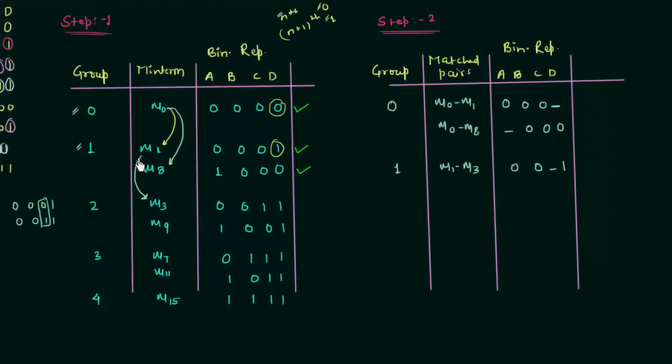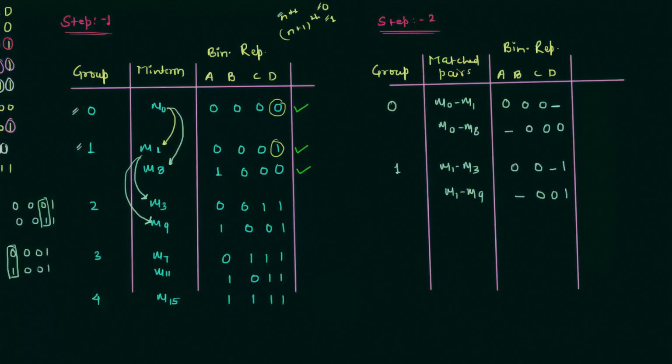I will compare M1 with M9, and let's see what we have. 0, 0, 0, 1, 1, 0, 0, 1. Again we have only one variable changing, so M1, M9 is also our matched pair, and we have underscore 0, 0, 1.